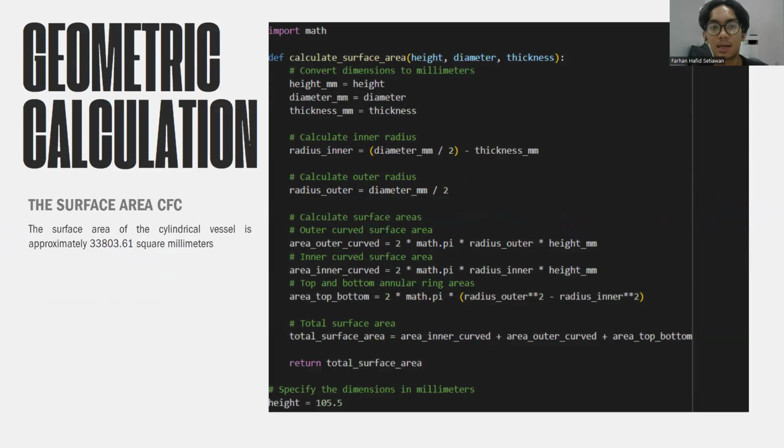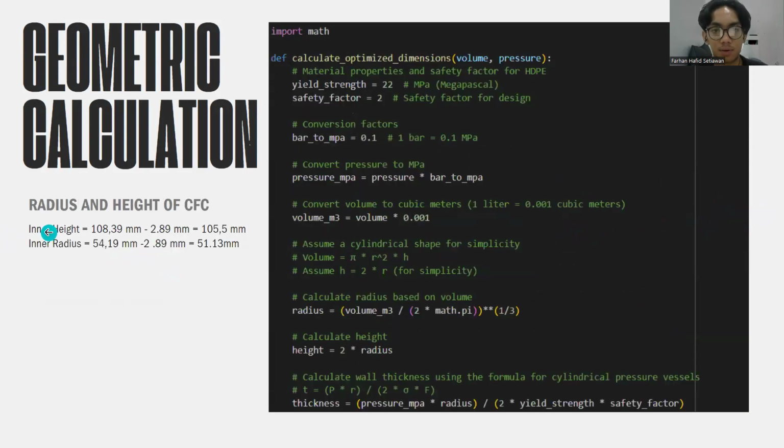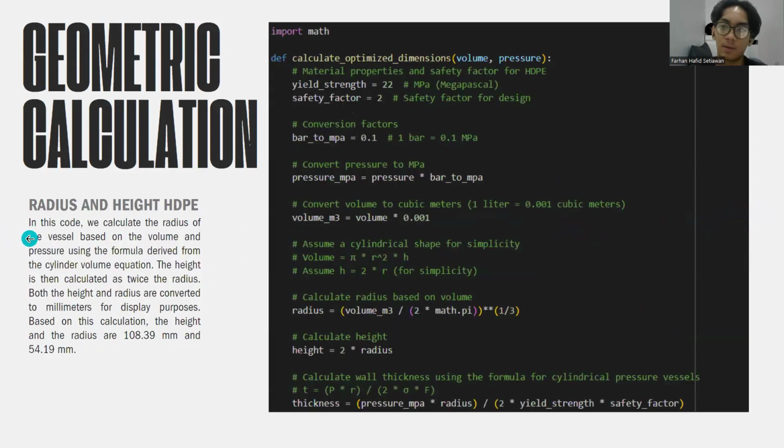My conclusion is that the geometric calculation is one of the numerical method applications, or optimization, for finding what kind of parameters we need before we make some hydrogen storage, especially in this case for a hydrogen car.